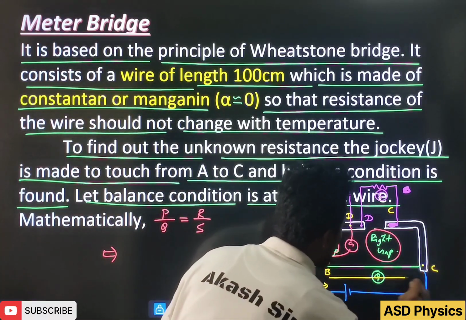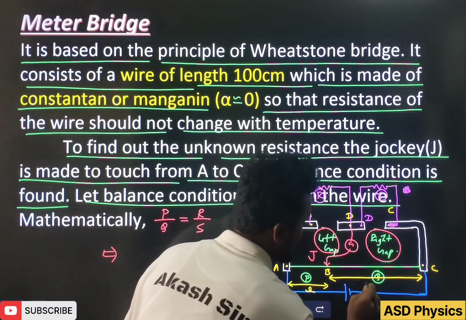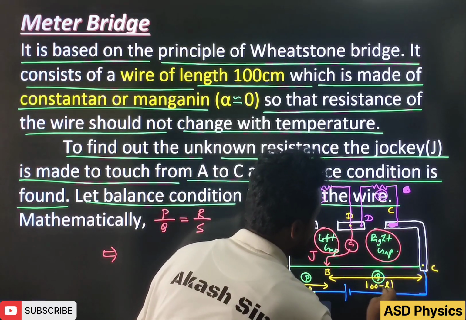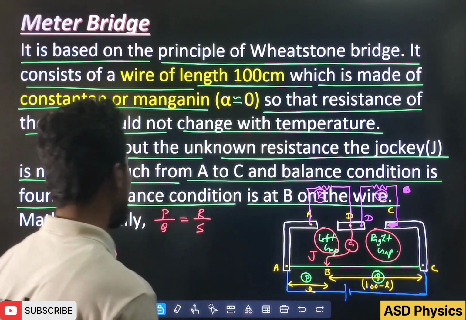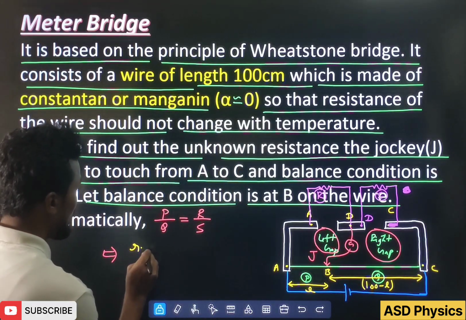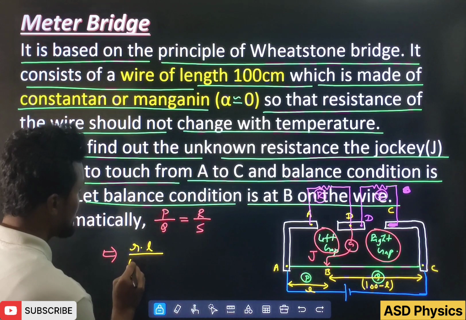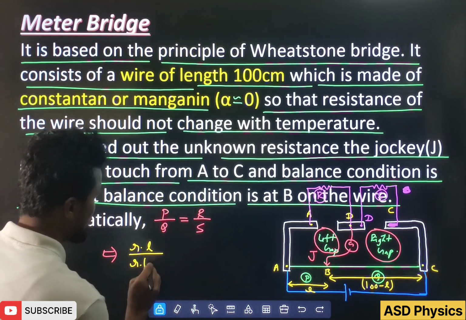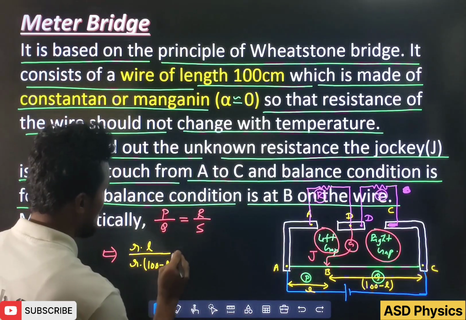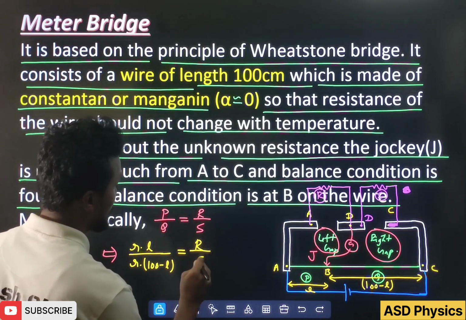If the total length of the wire is 100 centimeter, then the other part will be 100 minus l centimeter. So P means r into l, and Q means r into (100 minus l), and this is equal to R by S.